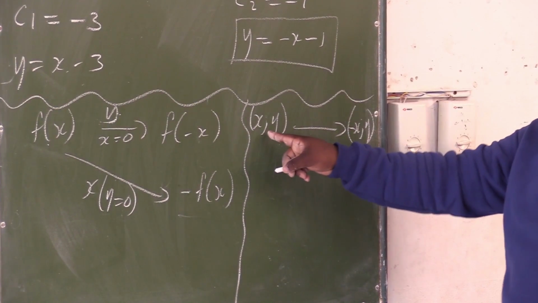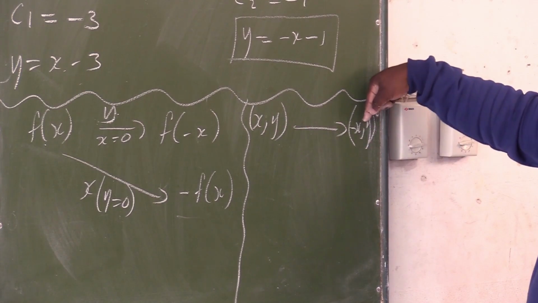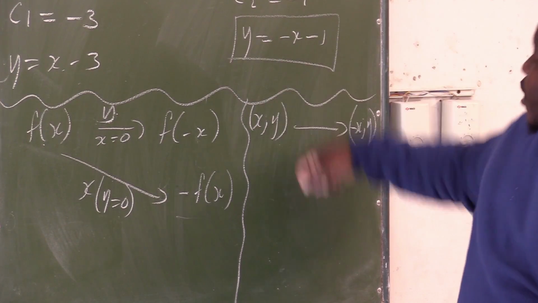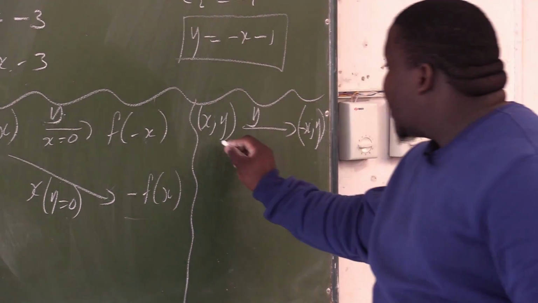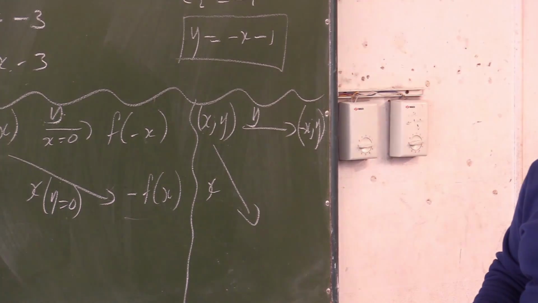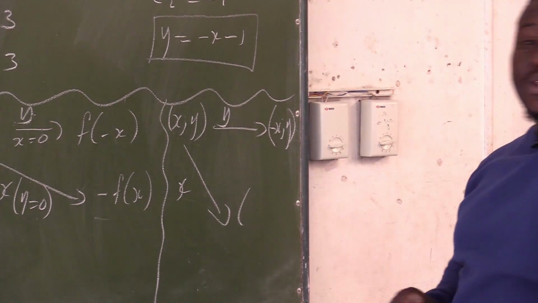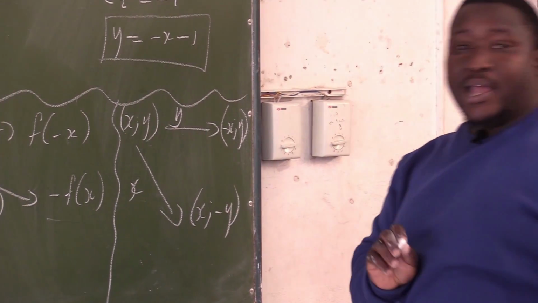So if you see this movement from here to here, x becomes negative. It means this point was reflected along the y-axis. But if I reflect the very same point along the x-axis, y will be negative. So what will be the new point? It will be x and a negative y.